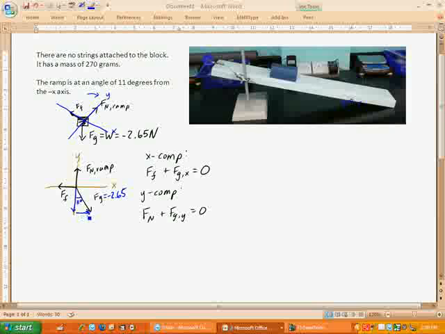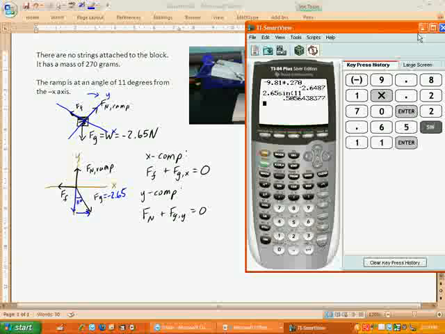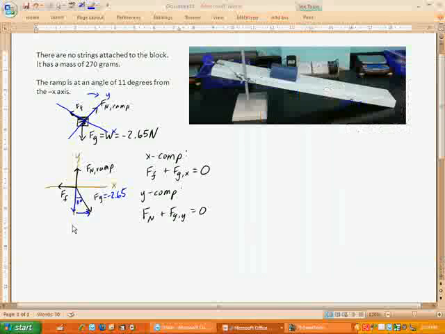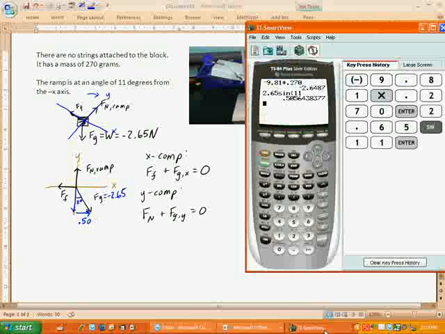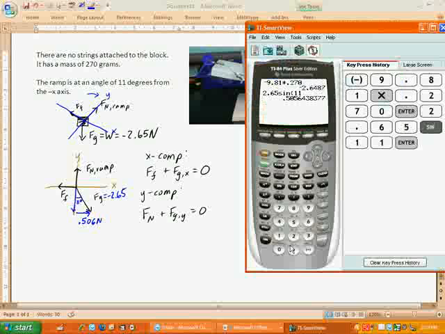So the x component will be 2.65 sine 11, which is 0.506 newtons. And then the y, of course, will be 2.65 cosine of 11, which is 2.60.